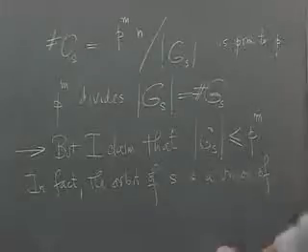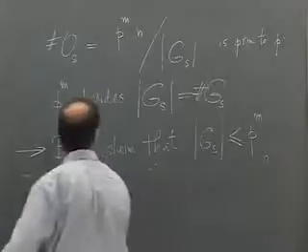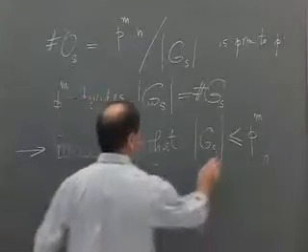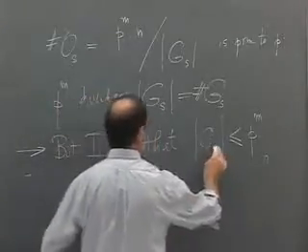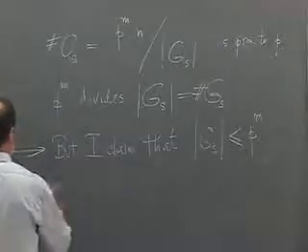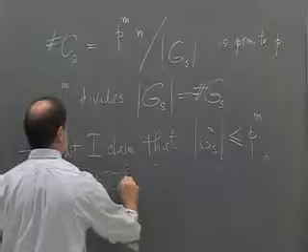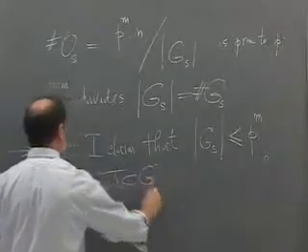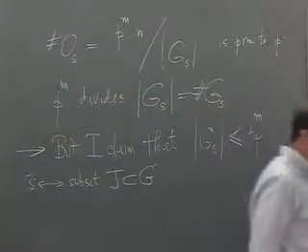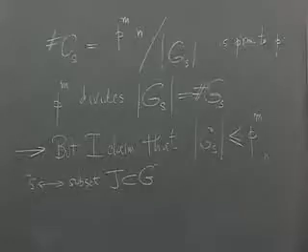This S corresponds to some subset J in G. And I have an element of the stabilizer of that subset.